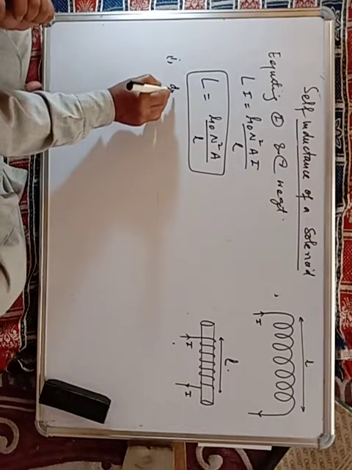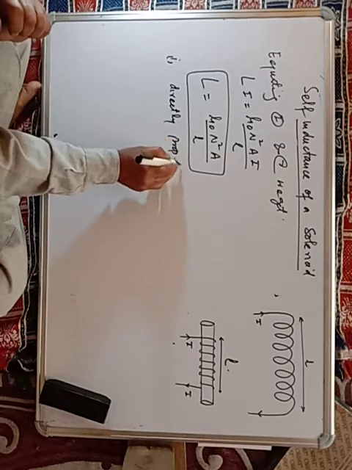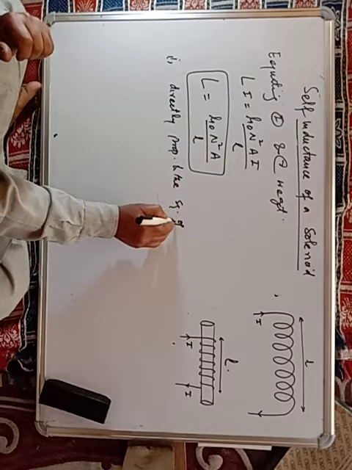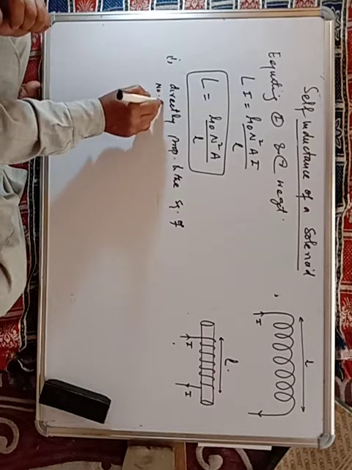So L is directly proportional to the square of number of turns.